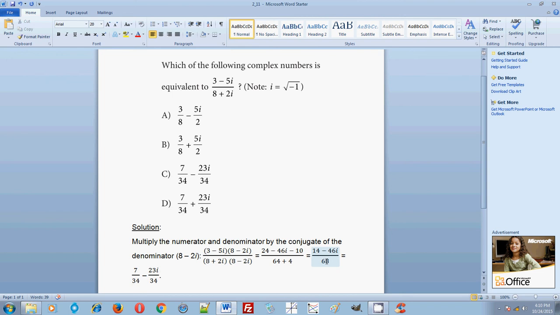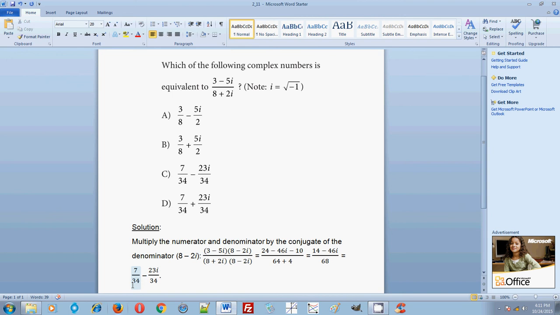Now the greatest common factor for 14 and 68 is 2, right? It can't be 7, because 7 doesn't go exactly into 68. So you have to take the greatest value, 2, which belongs to both 68 and 14 exactly. So when you divide 14 by 2, you get 7, and 68 divided by 2 is 34.